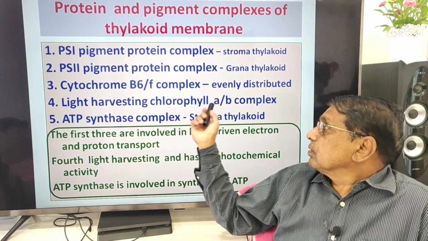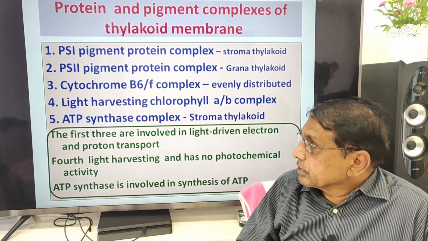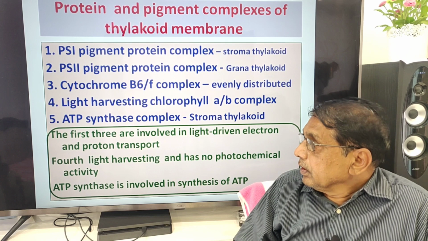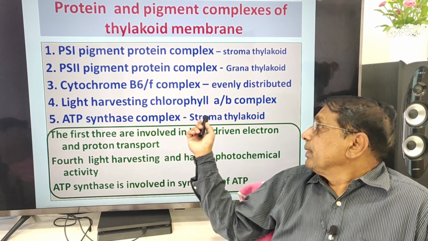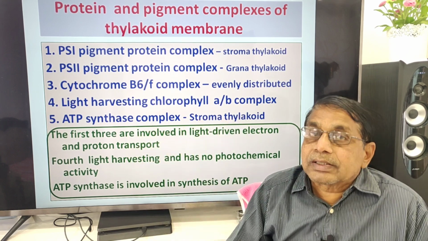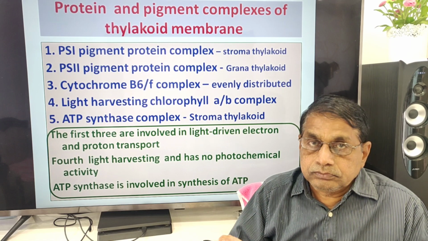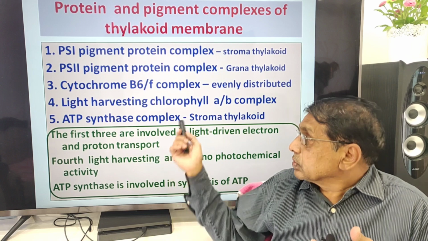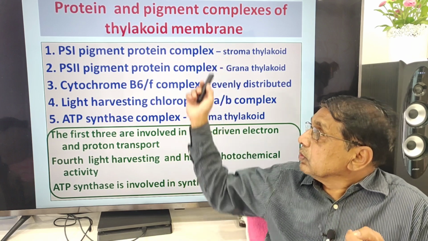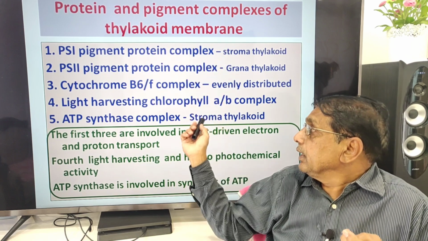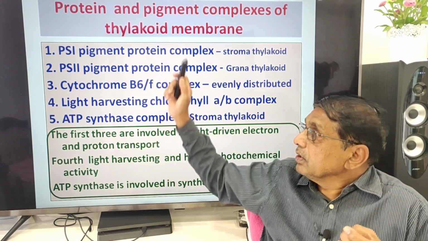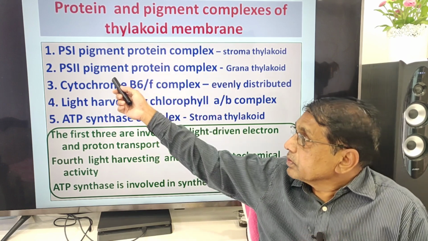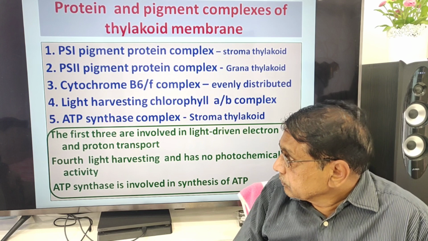The light harvesting chlorophyll AB complex is also there, then the ATP synthase complex in stroma thylakoids. Later we will study what ATP synthase is. So stroma thylakoids contain ATP synthase and PS1, whereas grana thylakoids contain PS2.